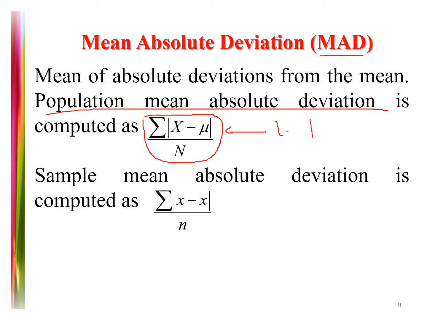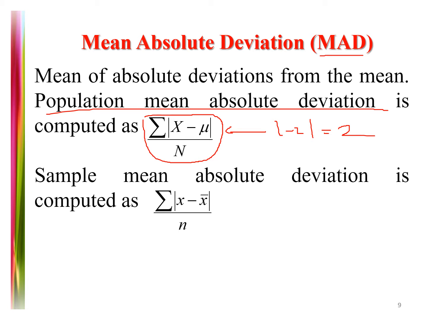For example, the absolute value of -2 equals +2. If you calculate the summation of x minus mu, that would be equal to 0. So don't forget the absolute value.